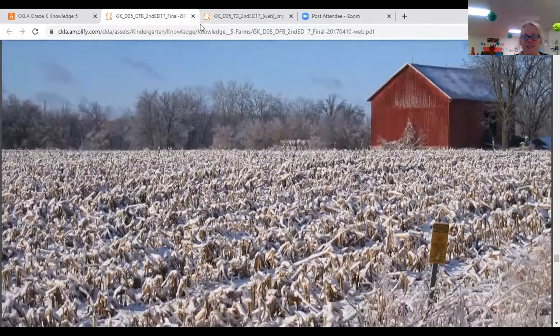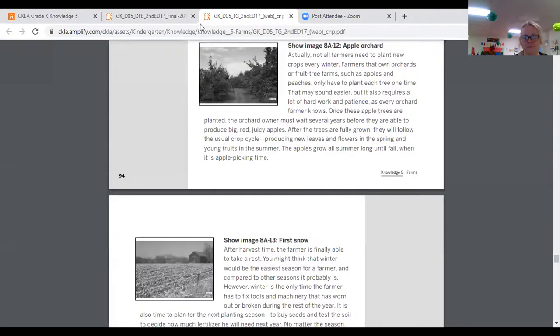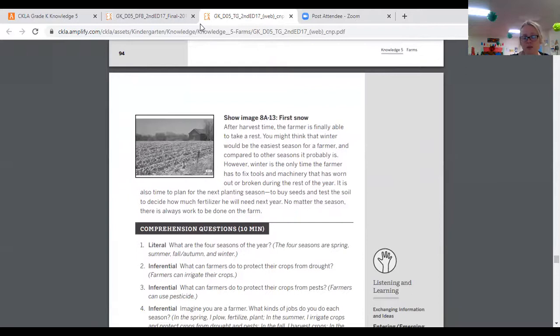The first snow. I love snow. And I think farmers love snow too. After harvest time, the farmer is finally able to take a rest. You might think that winter would be the easiest season for a farmer. And compared to other seasons, it is.